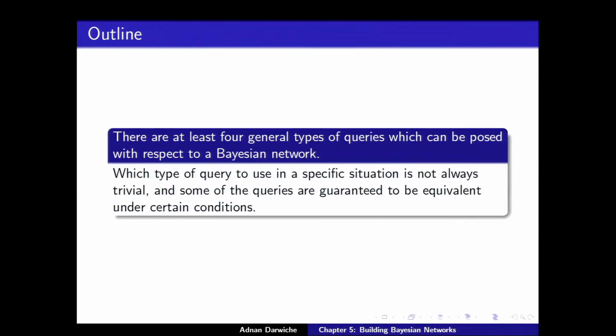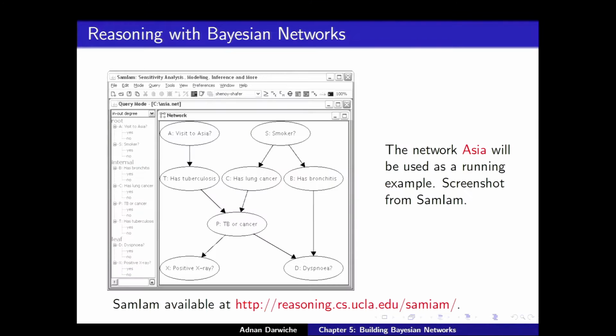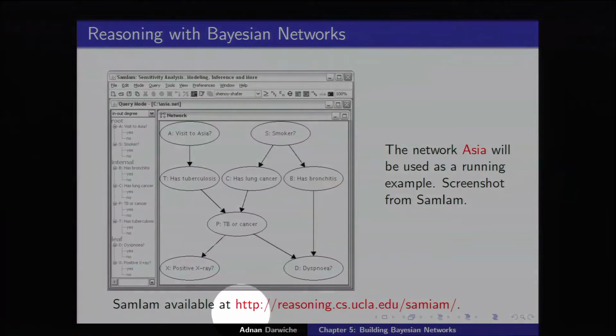All right, so we'll talk about the queries, and we will start with the first query, which is called probability of evidence. And we will be using this particular network for our illustrations. This is known as the Asian network. It's actually available in the literature, and we will be using screenshots from a system called SAM-IM.